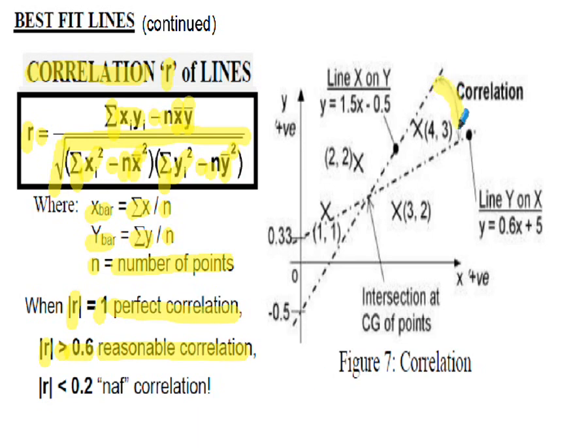In other words, there will be some discrepancy between the two lines, but it's an acceptable discrepancy. If the r value is less than 0.2, that's very poor correlation, or as a student once said to me, naff correlation. So there is limited linear relationship between the points plotted. Figure 7 shows an illustration of what correlation is.